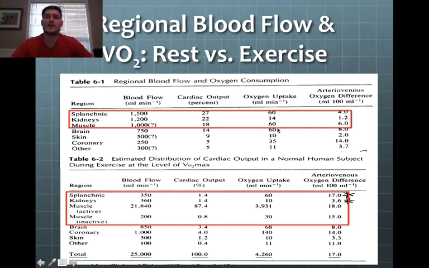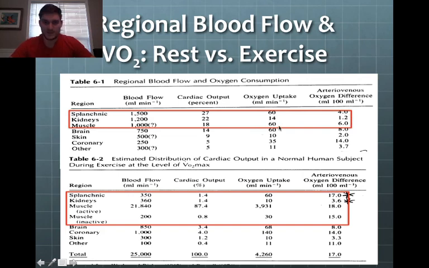And the oxygen uptake here is 60 for the muscles, 60 for the splanchnic circulation, a little bit lower in the kidneys, right? Which gives you a VO2 difference of 4 in the splanchnic circulation, 6 in the muscle, and 1.2 in the kidneys.